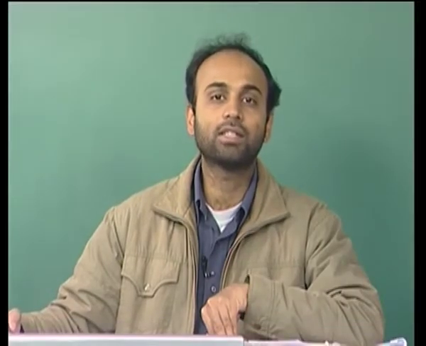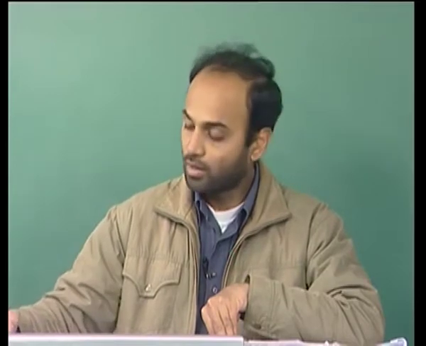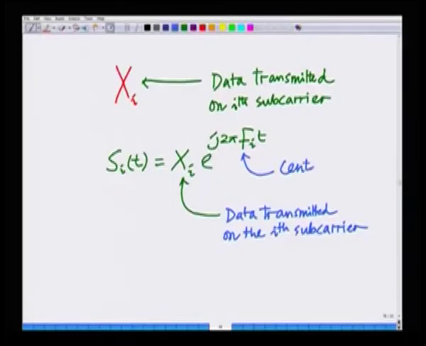All right, fi is essentially I times B over n. And in fact, I have n such subcarriers.